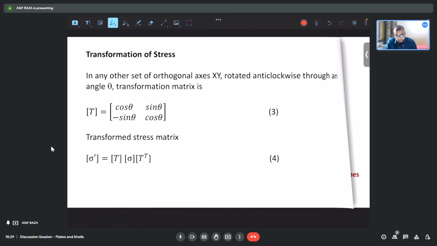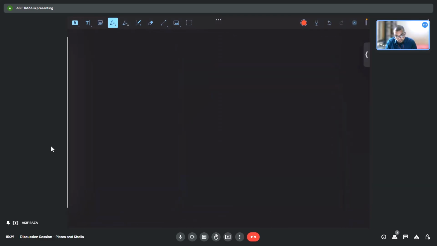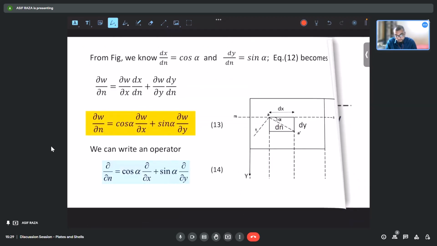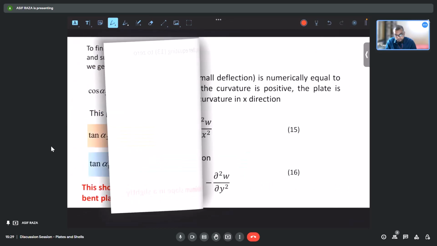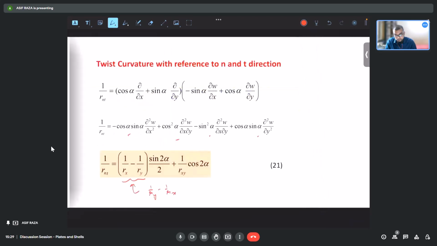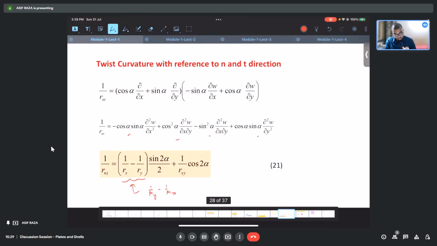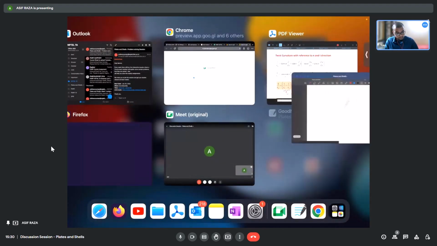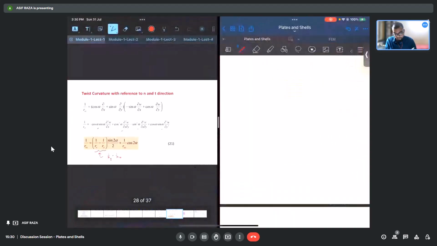Now come to equation 21. So in equation 21, let's solve this. What do we have?